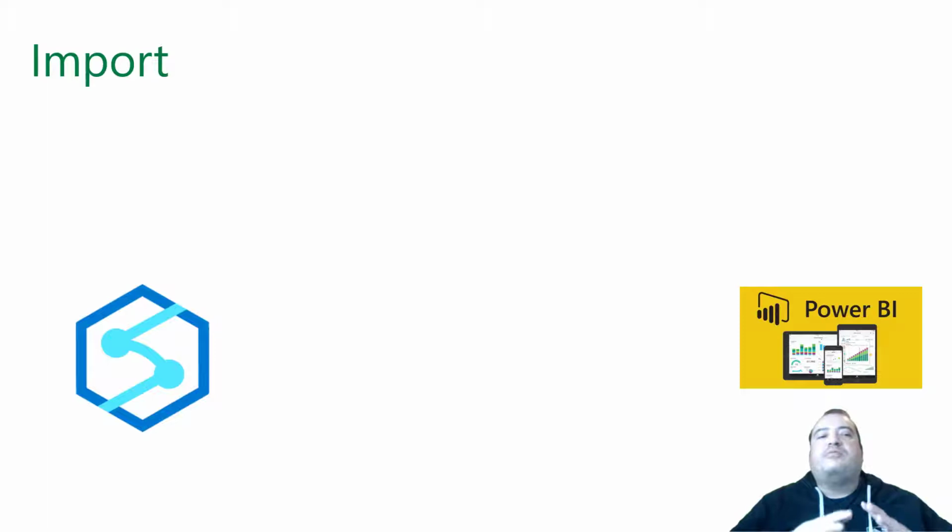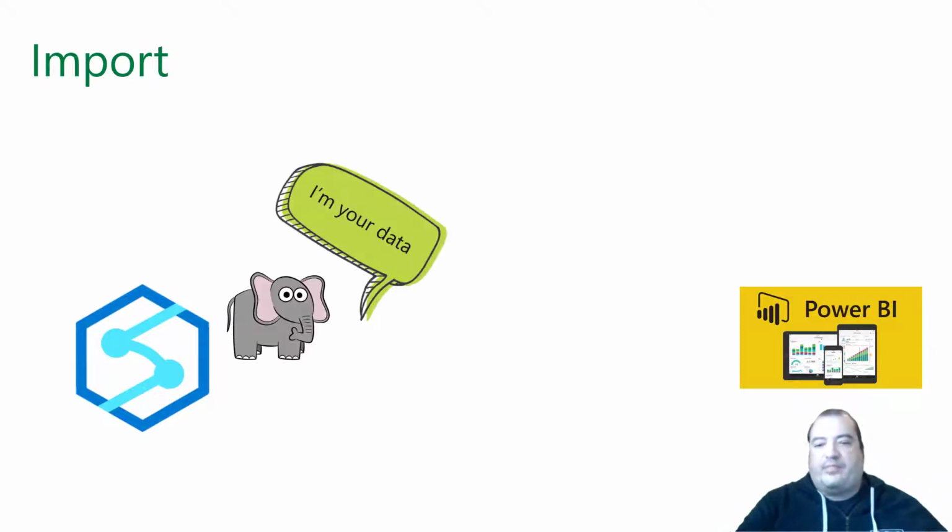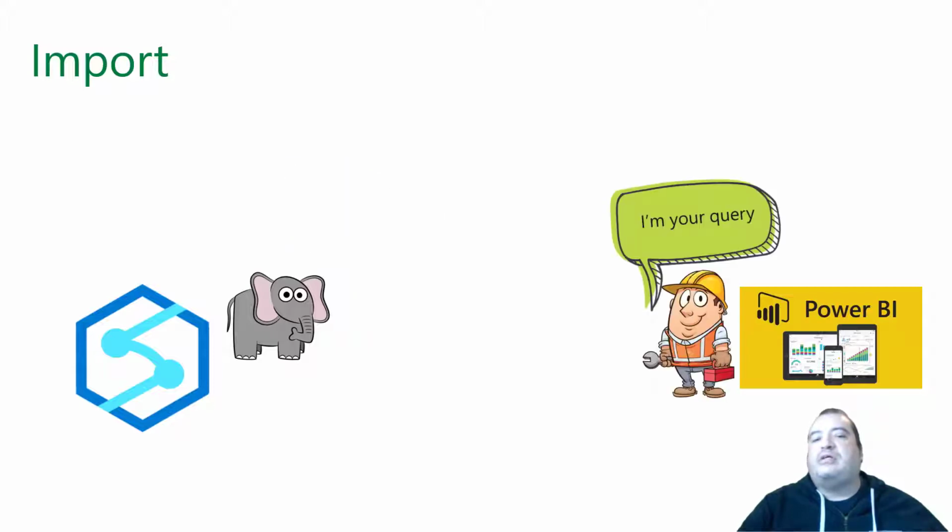Let's talk about the difference between import and DirectQuery. We have a source of data and we have Power BI trying to query this source of data, whatever the source is. And we have a lot of data on the source. If we decide to use import mode, all the data will be moved to the Power BI side.